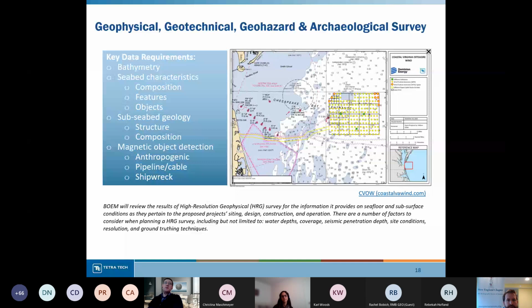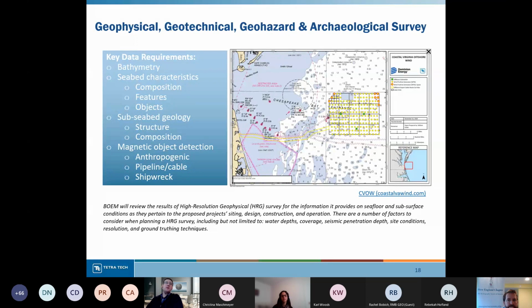in turn generate the key data requirements. So there isn't a huge amount of publicly available data, or there's variable publicly available data. There is some, but you're going to want a pretty comprehensive set of survey, and that's what BOEM wants, and BOEM want the developer to want. So we're going to be going out there for bathymetry data to get good chartable depths for construction. It's a myriad of purposes.